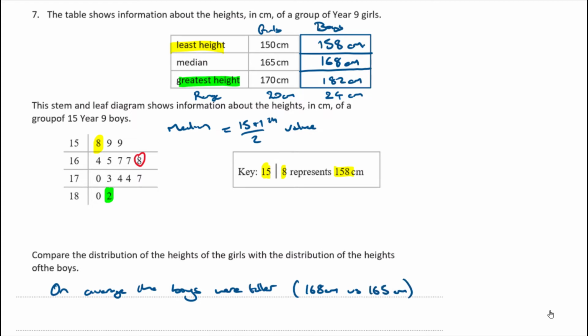And I can also say something about the dispersion or the range: there was more variation in their heights. Range 24 versus 20 centimeters. Okay, so I've compared their average, their median, and I've compared the range. So that's two good comparisons there.